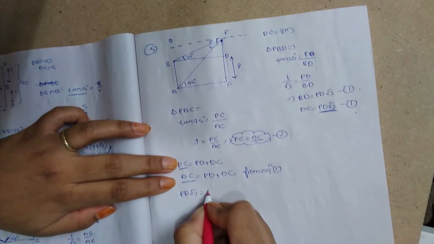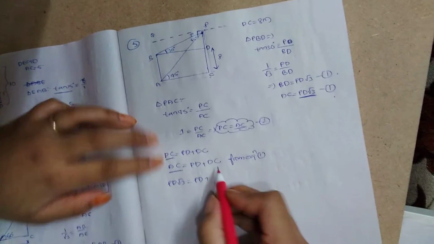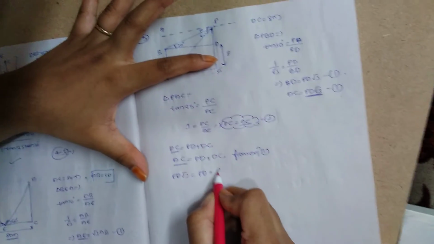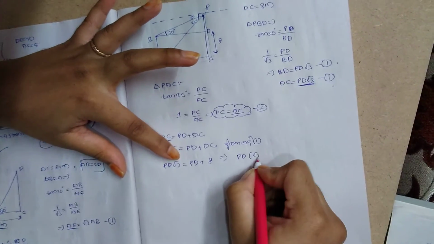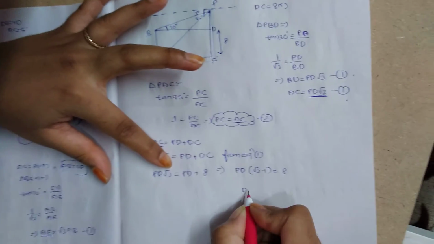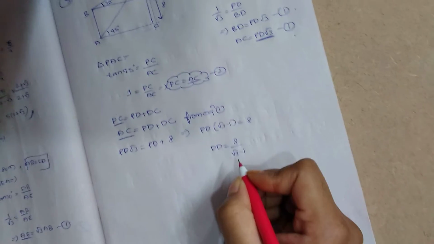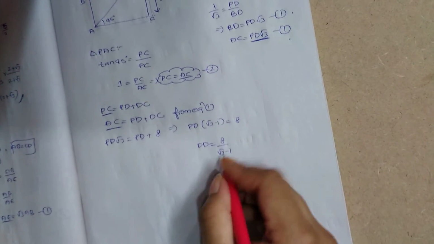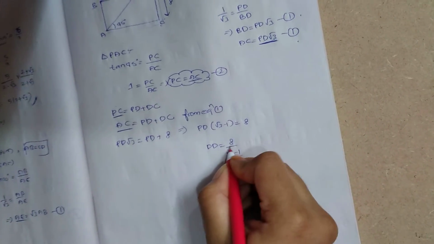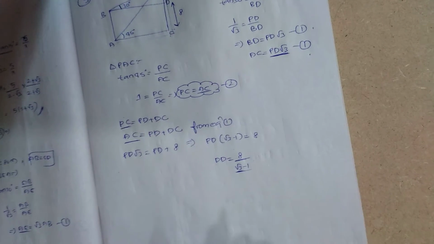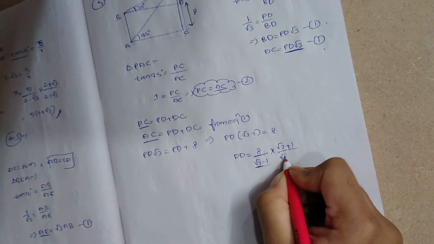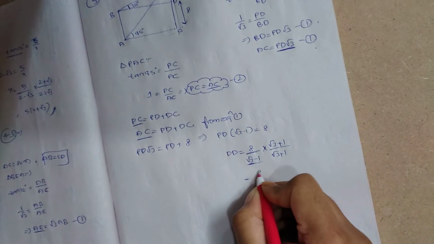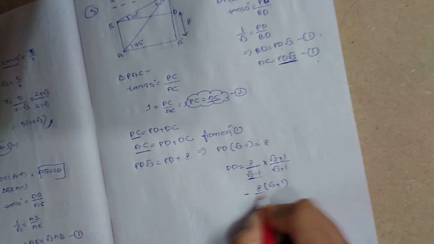PD root 3 is equals to PD plus, what is it? DC value is 8. Yes, which implies PD of root 3 minus 1 is equals to 8. PD is equals to 8 by root 3 minus 1. As discussed before, in the denominator we shouldn't have root values. Okay, let's rationalize it. Multiply by root 3 plus 1 by root 3 plus 1. What do we get? 8 of root 3 plus 1 by 2, 4 into root 3 plus 1.